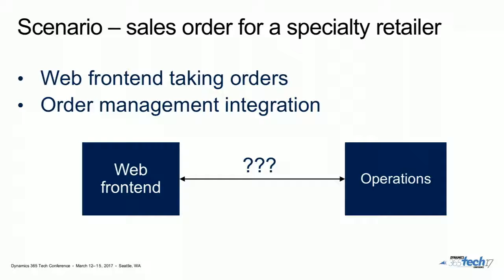They had a really good front-end order-taking mechanism, which is a PHP web-based application. They really didn't want to replace that experience for their salespeople, right? So they create a sales order, and this sales order needs to then be pushed to operations, right? So what do you think the pattern should be here? Okay, let's go.